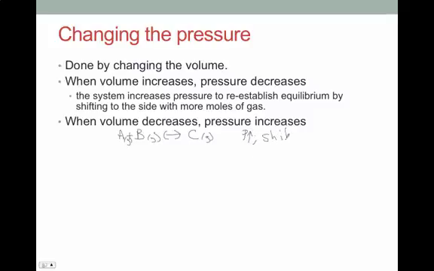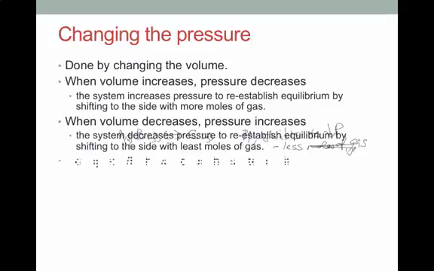When it shifts to decrease the pressure, it's going to go to the side with less moles of gas. So the system decreases pressure to reestablish equilibrium by shifting to the side with the least moles of gas.